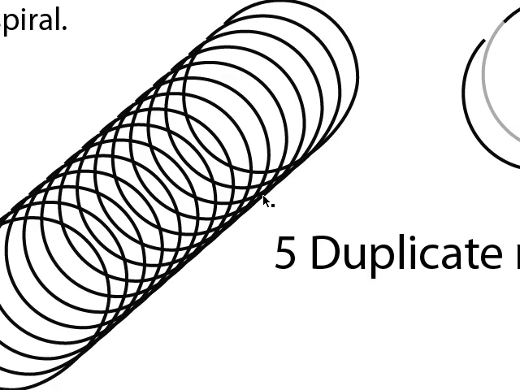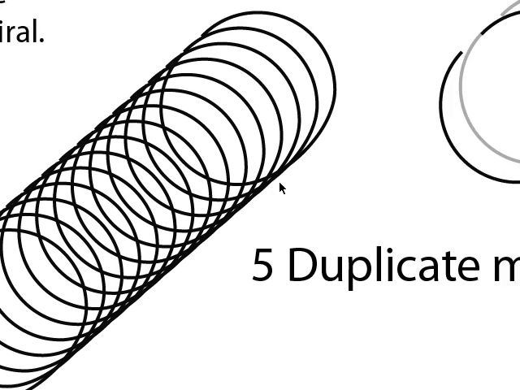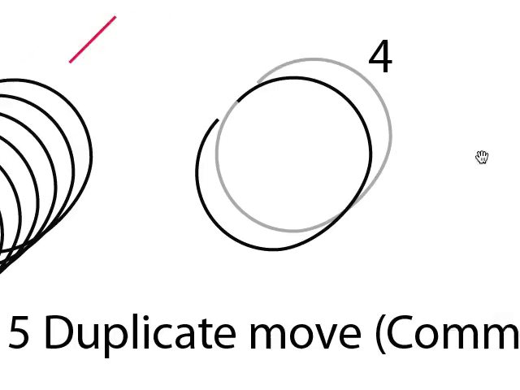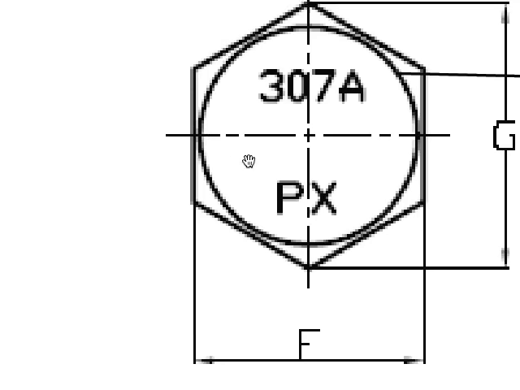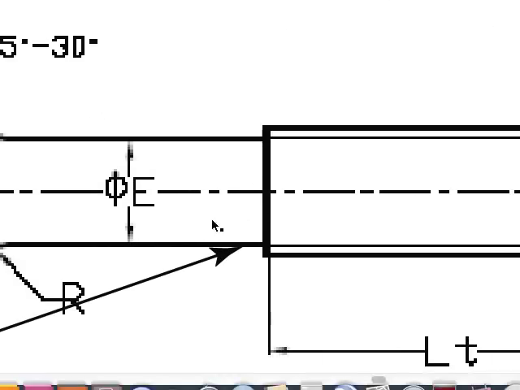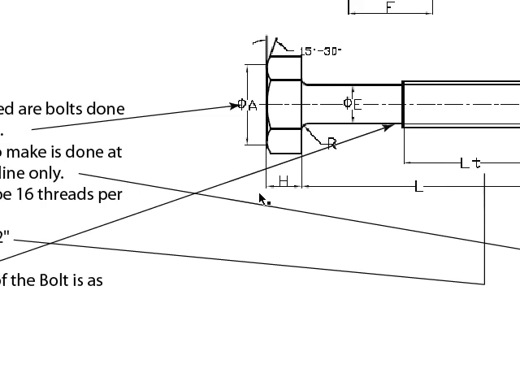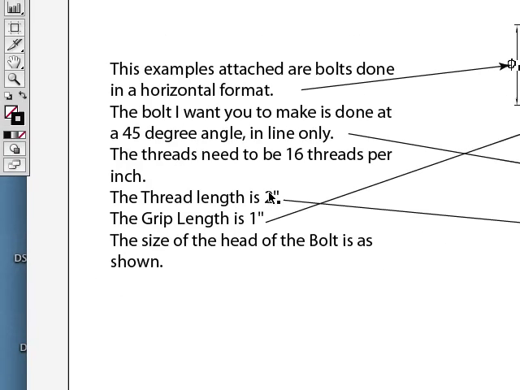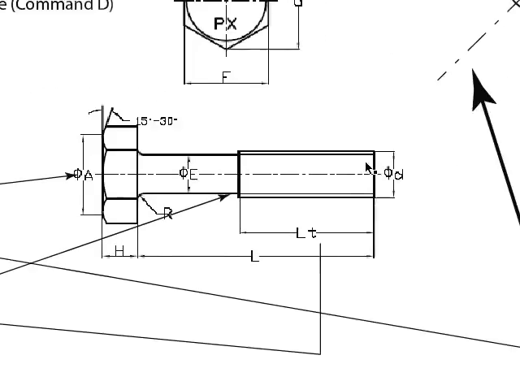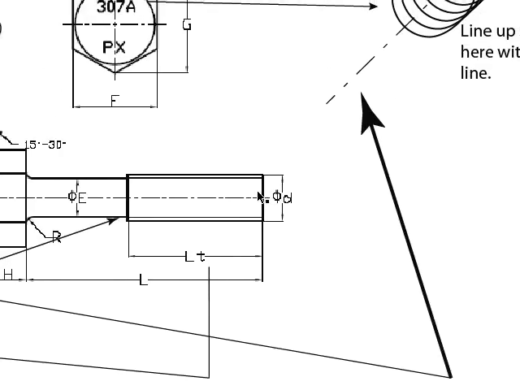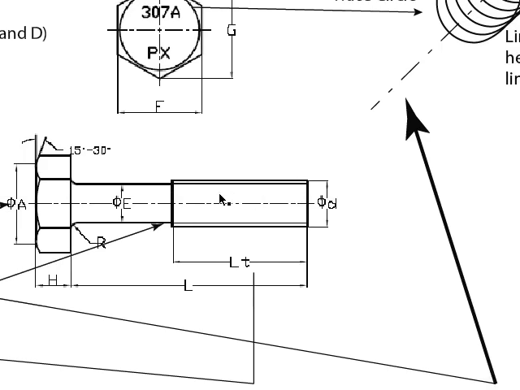So you need 2 inches because that is what the multi-view here shows. If you go back to the full size, the thread length is 2 inches. That means where the bolt threads in from here to here is 2 inches.